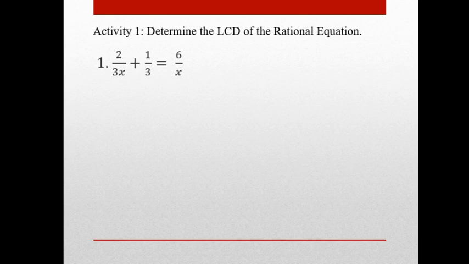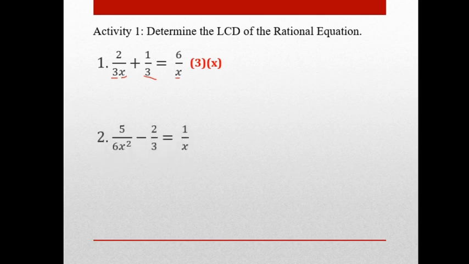So first, we have an example here. Kung mapansin natin, meron tayong x. So isa na yun sa ating LCD. And then, may dalawang 3. So there's no need naman na ulitin pa yung 3. So 3 na lang. So ang ating LCD sa unang number is 3x.